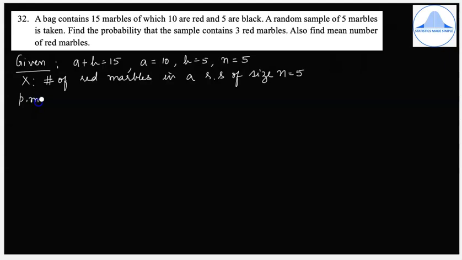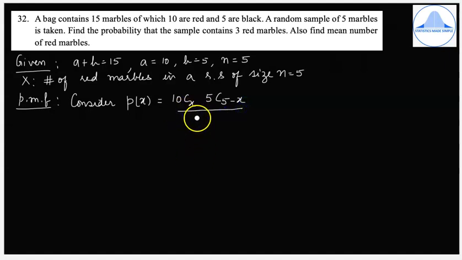Next we will write down the PMF. So the PMF is, consider P of X equal to ACX, that means 10CX, BC n minus X, so 5C 5 minus X, divided by A plus B Cn. So it is 15C5, and X takes values 0, 1, 2, so on, up to the minimum of A comma n.